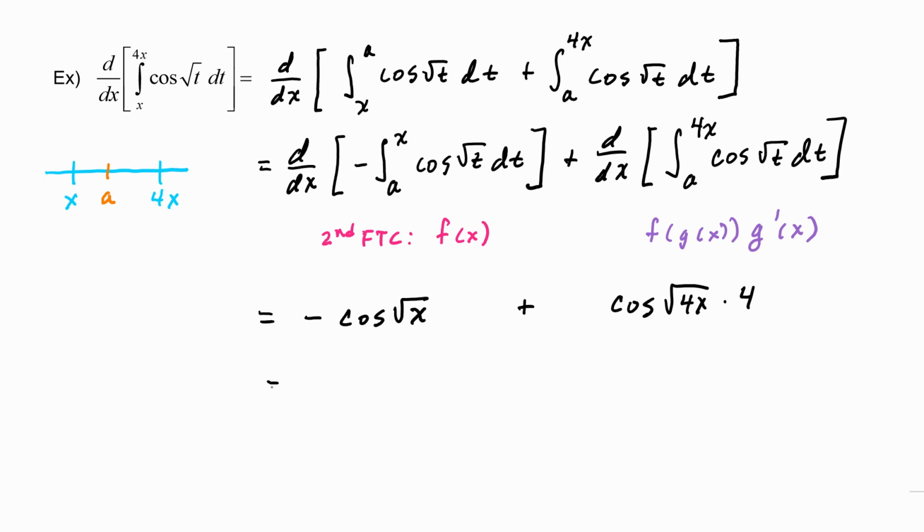So when we simplify this, we get negative cosine radical x plus 4 cosine of 2 radical x, because we know the square root of 4 is 2.